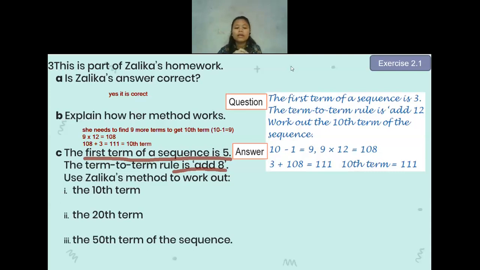Okay, then if you can still hear me and you have no question about Zalika's method, now for question 3C, let us use Zalika's method to find the 10th term. So what do we have to do first?